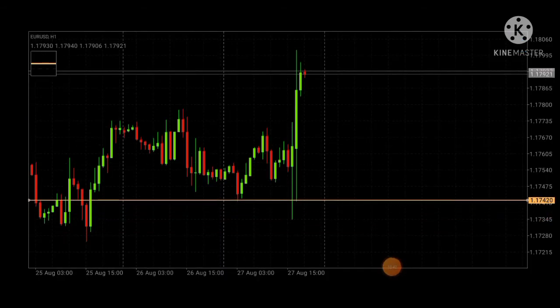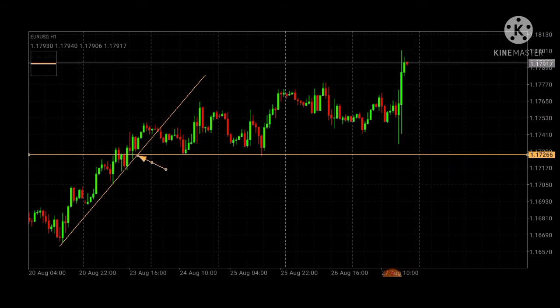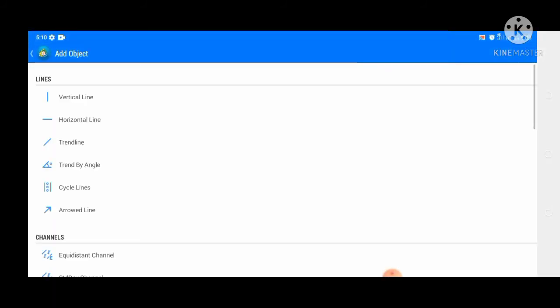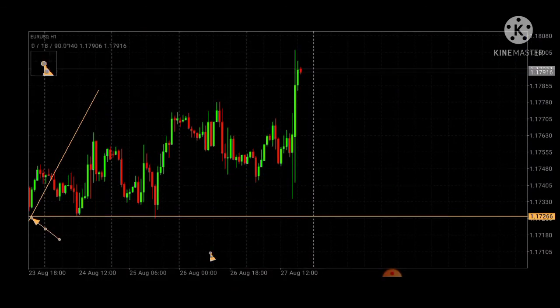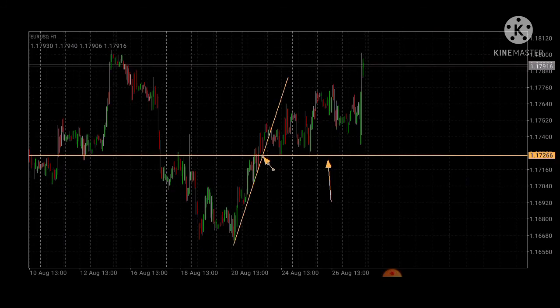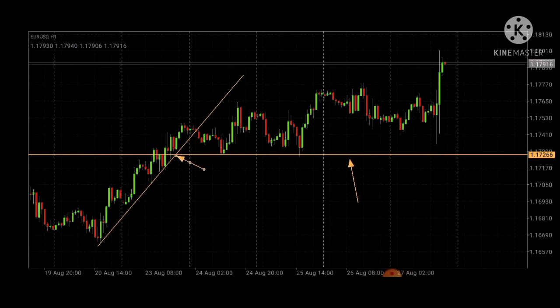Just tap it, just to know your resistance and support zone. So this zone becomes your support line. Okay, so this is how to make use of these tools. It's not hard at all.